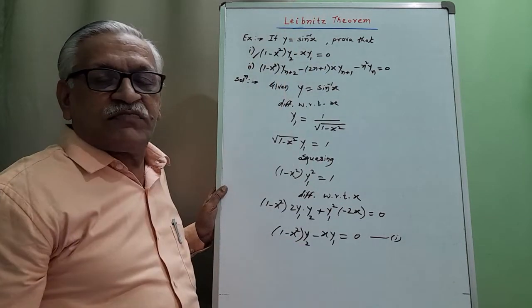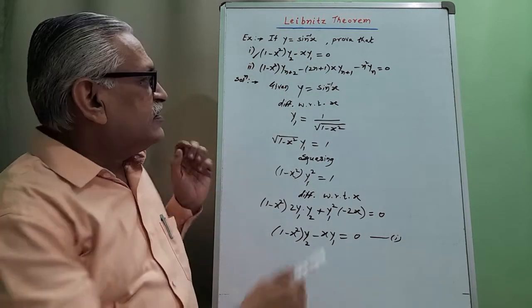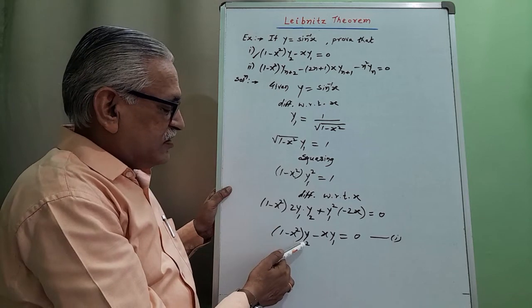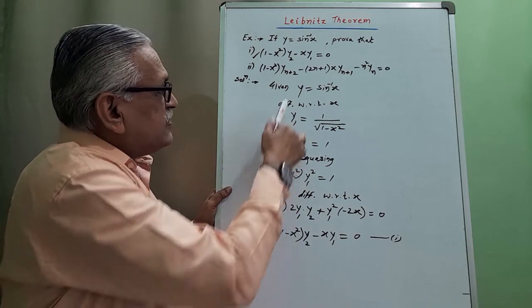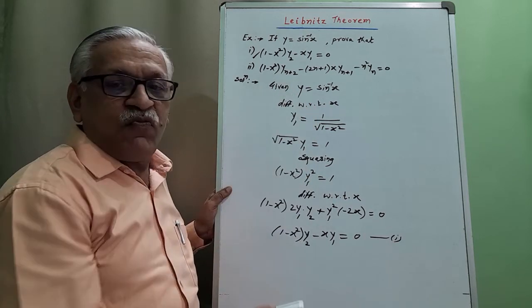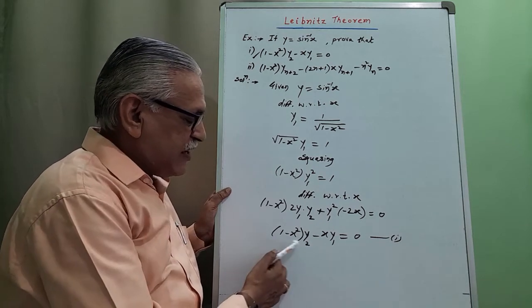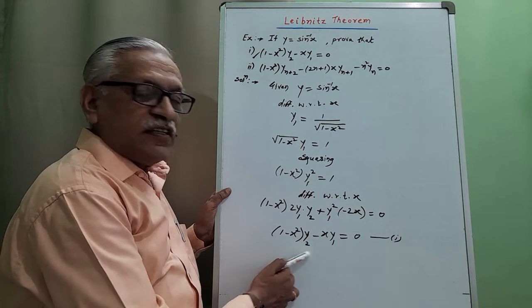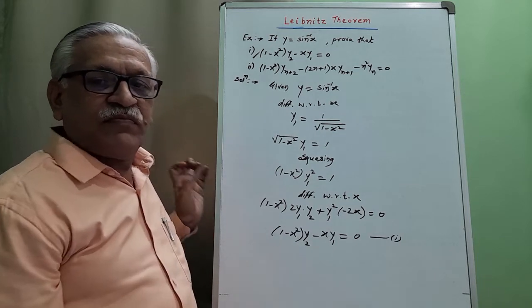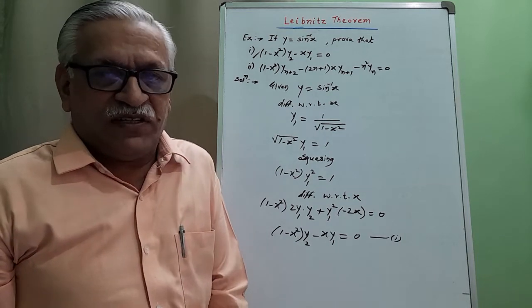Then, to obtain the second result, we have to obtain the term yn plus 2 with the help of y2, and it is possible if we differentiate it n times. It is the nth derivative of the product of these two terms, which means we have to apply Leibniz theorem.